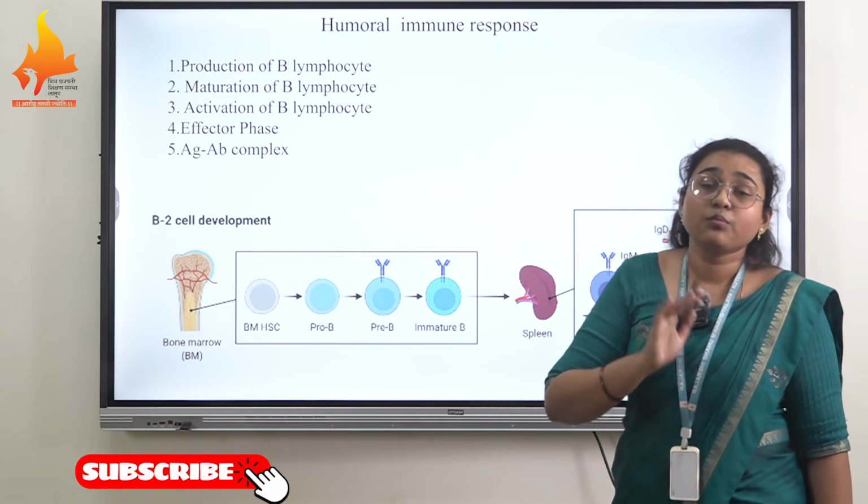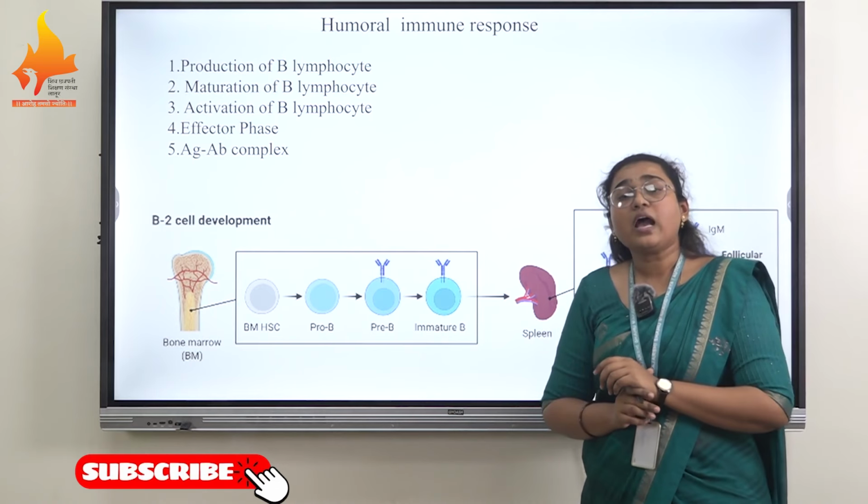The immature B cell represents only IgM immunoglobulin on its surface. What is immunoglobulin? Immunoglobulins are heterodimers. There are different types of immunoglobulins, basically antibodies: IgG, IgA, IgM, IgE and IgD.